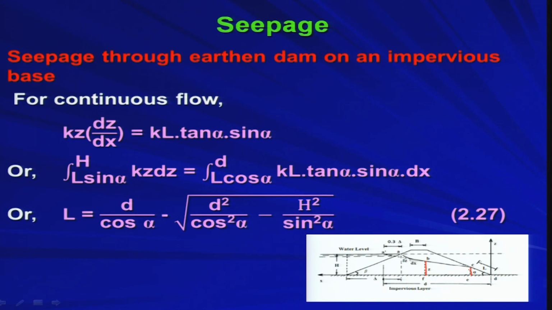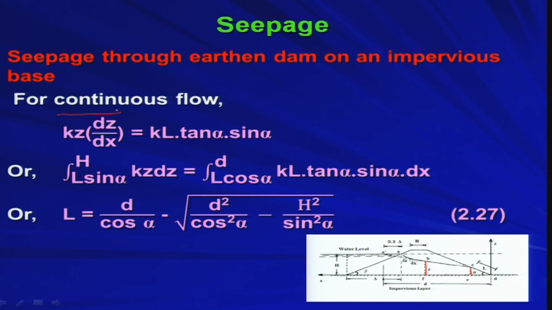I know the rate of seepage through CE; it is k L tan alpha sin alpha. Do you remember that we saw this in the last lecture as well as today? Across section BF the rate of seepage is k z dz/dx. So, they must be equal for continuous flow.